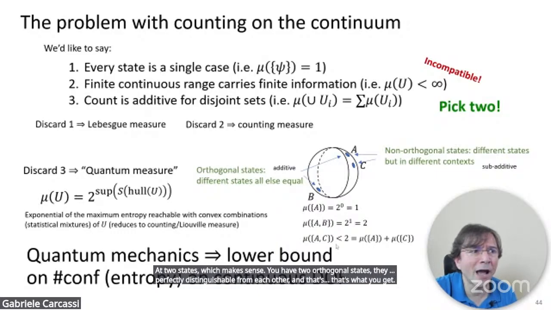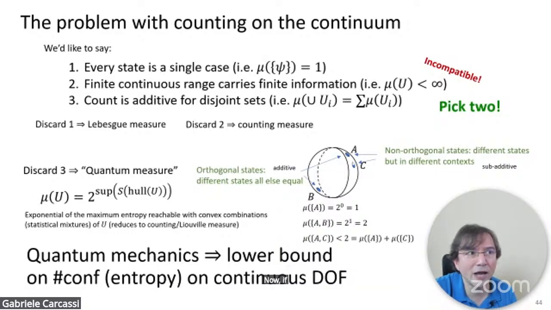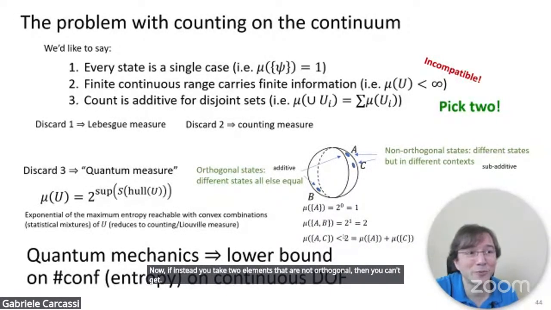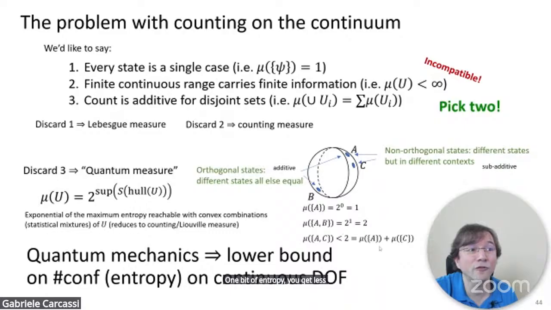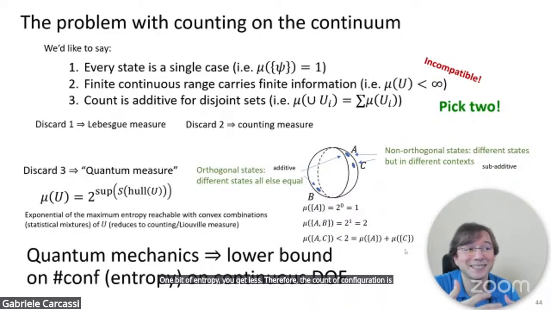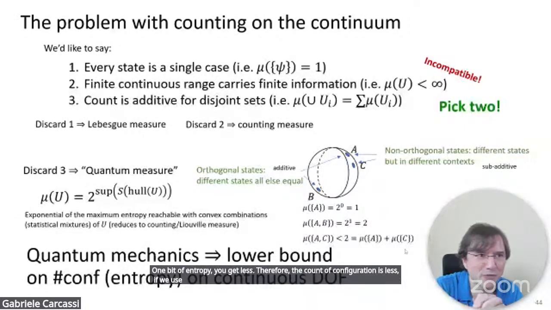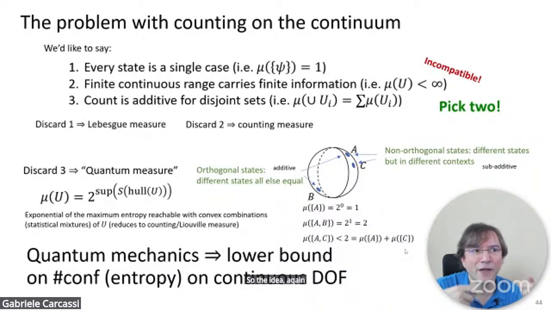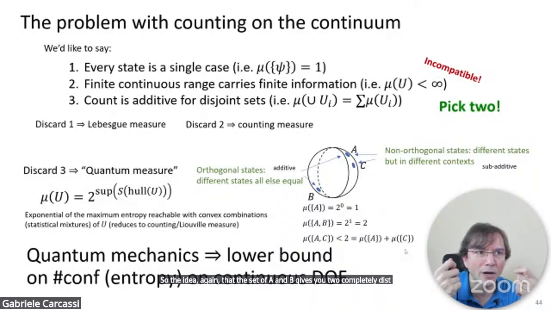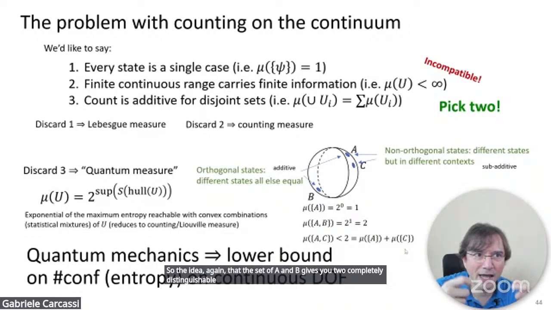Now, if instead you take 2 elements that are not orthogonal, then you can't get the full one bit of entropy, you get less. Therefore, the count of configurations, if we use this measure to get it, is less than 2. So the idea, again, is that the set of A and B gives you two completely distinguishable states, everything else being equal.